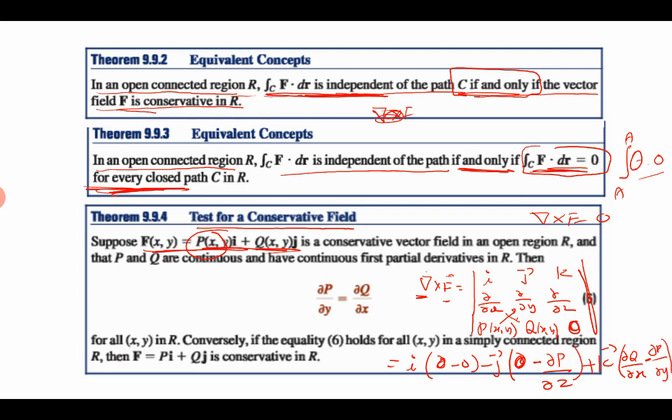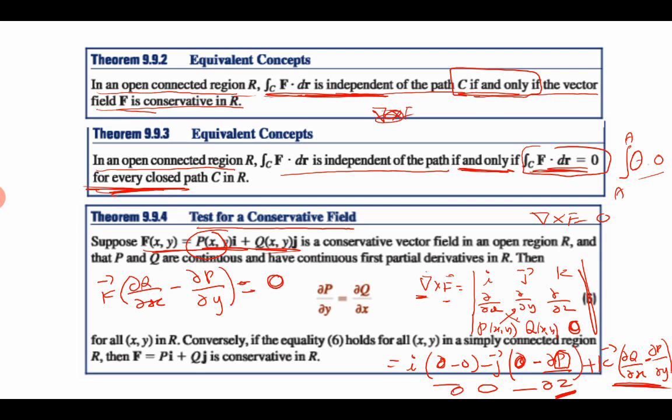And you remember P is a function of only x and y, so the partial derivative with respect to z will be 0, so the first two terms will be 0. Only the last term remains. This will be k vector times dou Q over dou x minus dou P over dou y, isn't it?